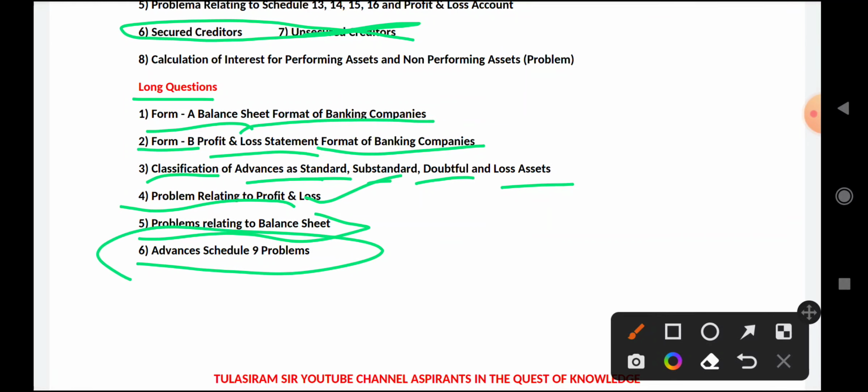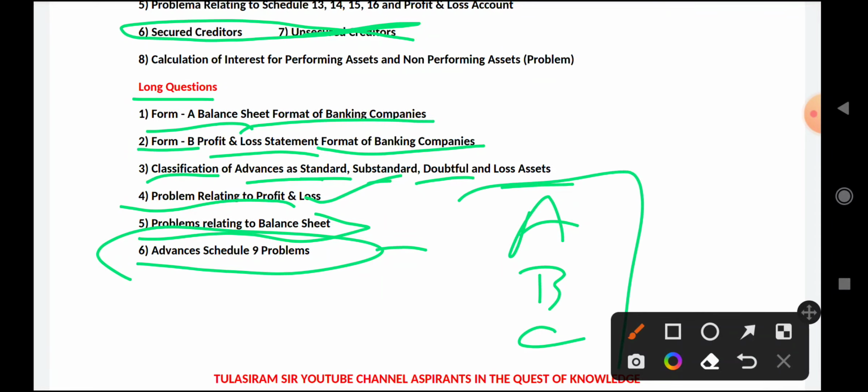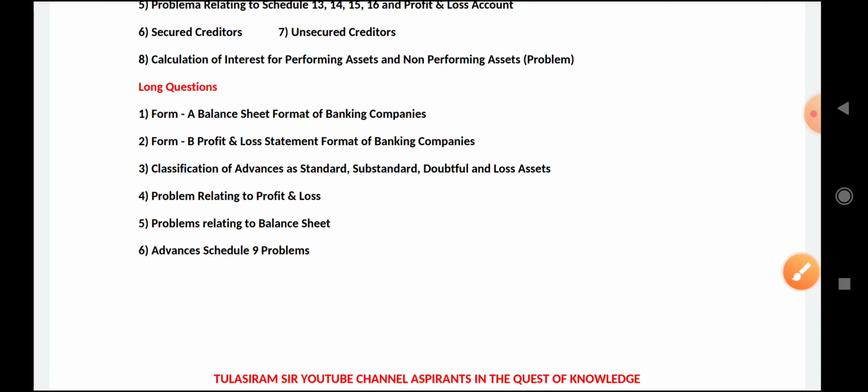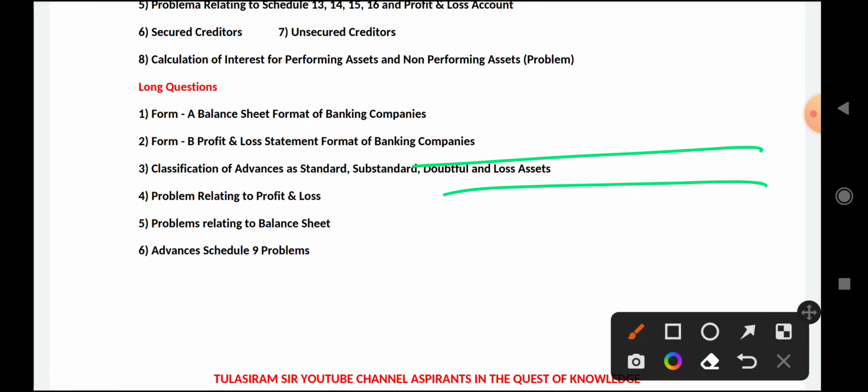In Schedule 9, separately, advances are classified in A, B, C categories. Please remember, total of A, total of B, total of C will be same. Just for the classification purpose, advances are divided into A, B, C three categories.